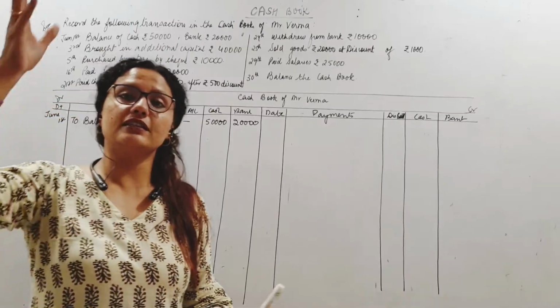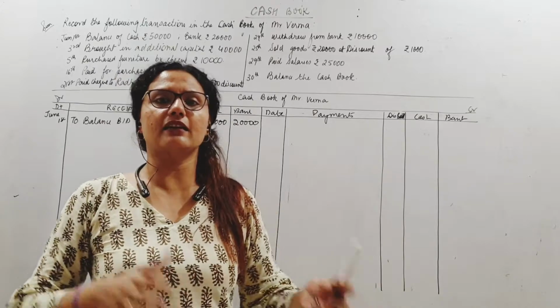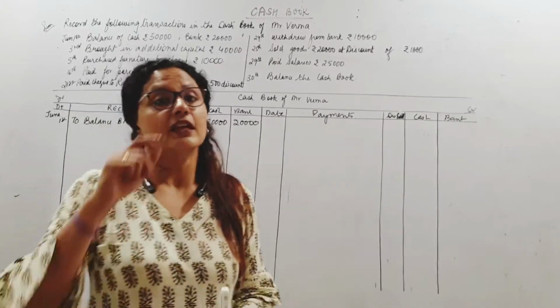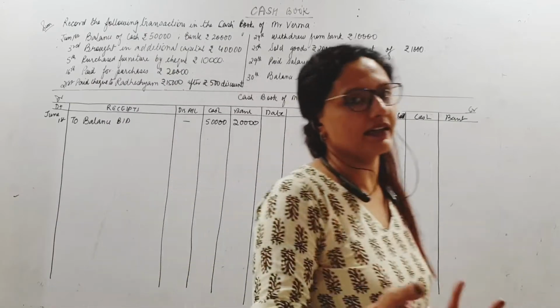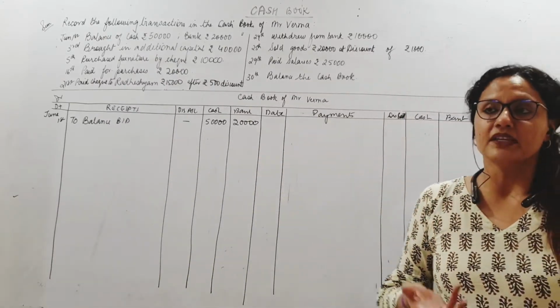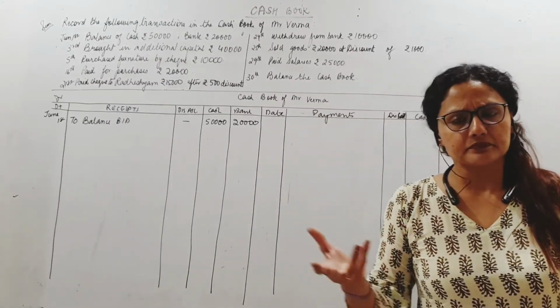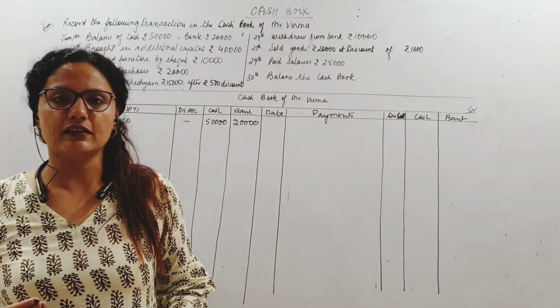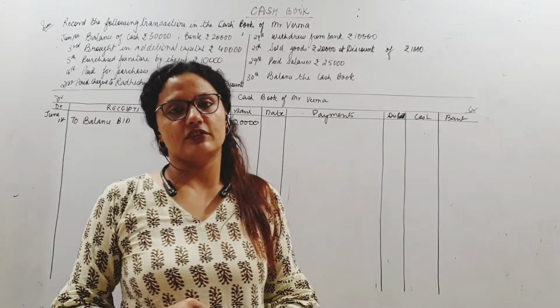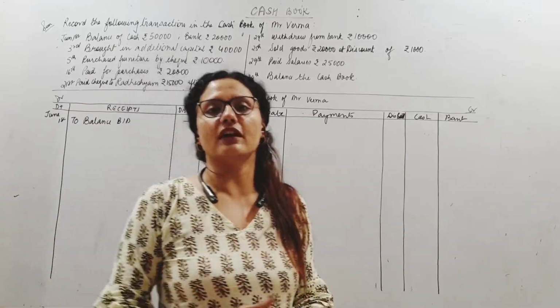Bank loan needs prior approval, documentation, and a fixed sum of amount is given as a loan. Like bank overdraft is a running facility usually given in the current account of businesses. So here the trader will be able to withdraw from the bank more than what he has deposited. That is called overdraft facility.